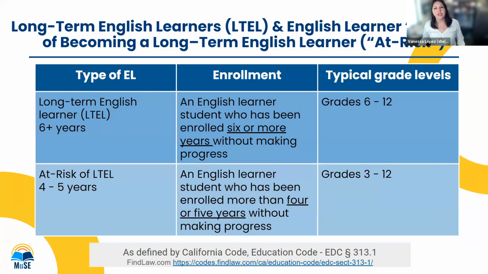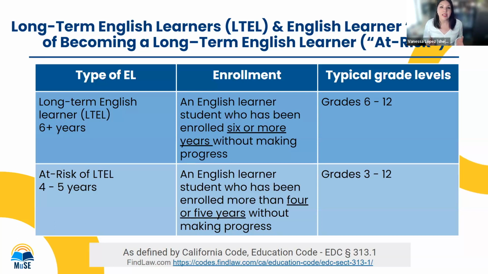A long-term English learner is an English learner who has been enrolled 6 or more years without making any progress in their English language proficiency, whereas a student who's at risk is a student who has been enrolled 4 or 5 years without making significant progress.